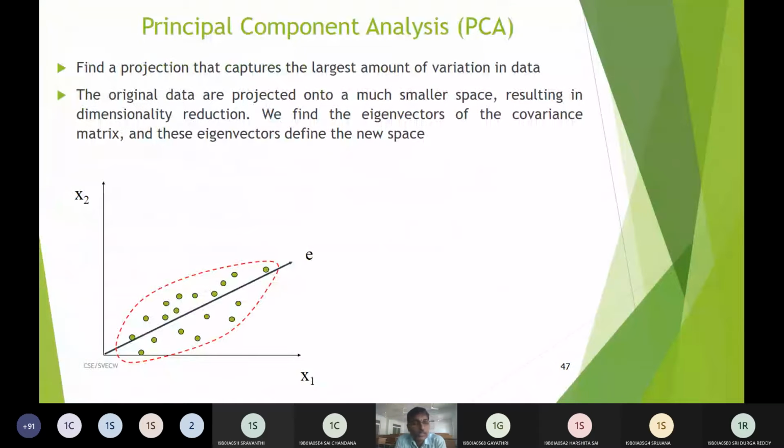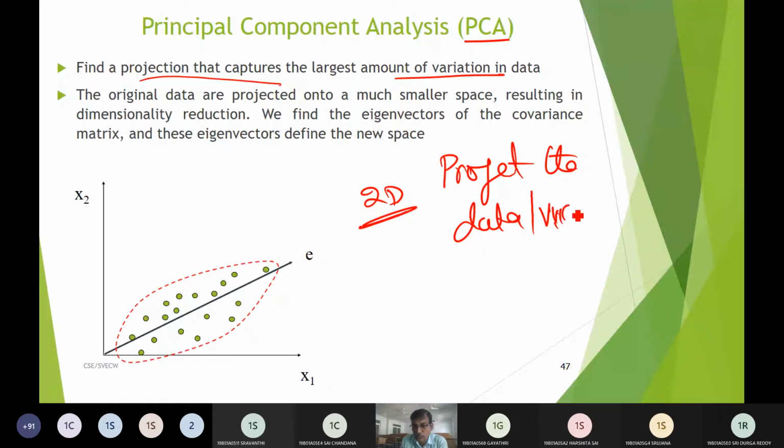The second technique was the principal component analysis. In principal component analysis, we will project the larger data, that is the two-dimensional data. We are going to project the data, or we are going to visualize the data.